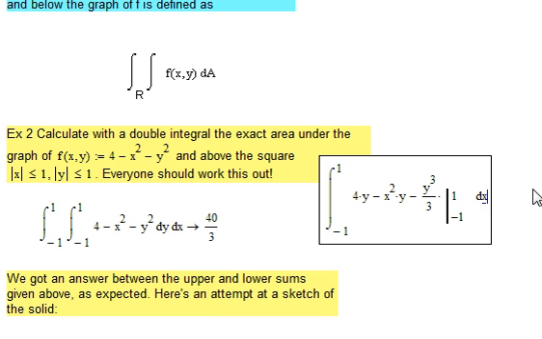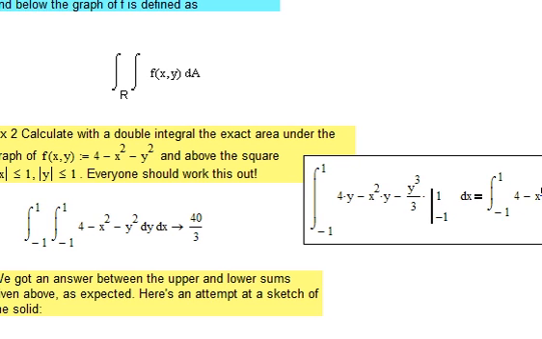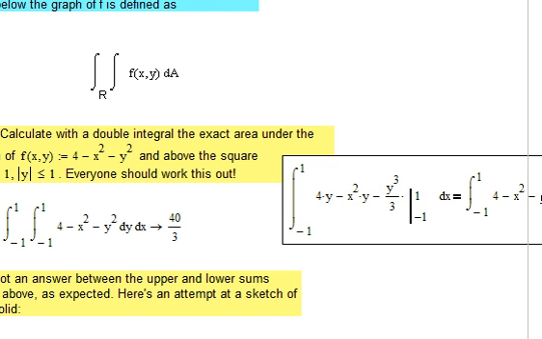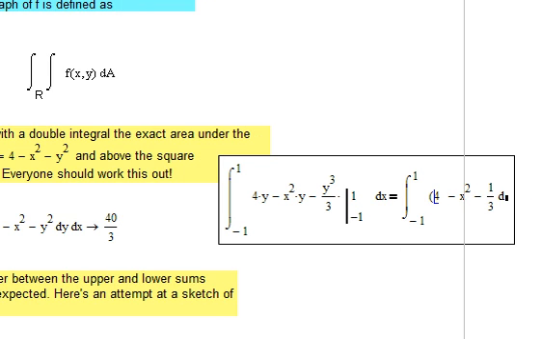maybe I need to write this in greater detail. That would be integral from -1 up to 1, and that's 4 minus x squared minus 1/3 and that needs a parentheses around it.